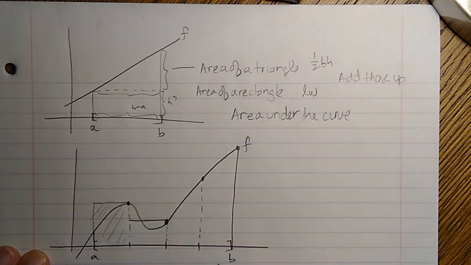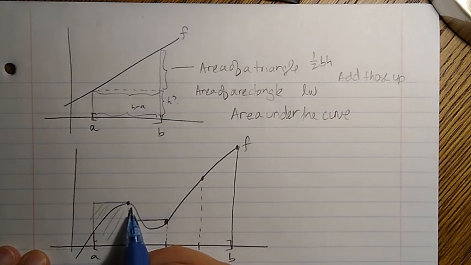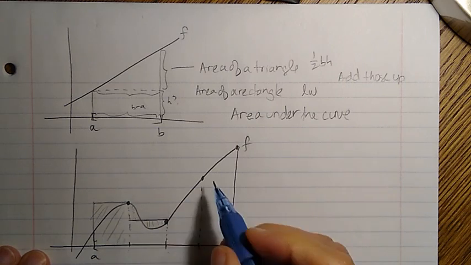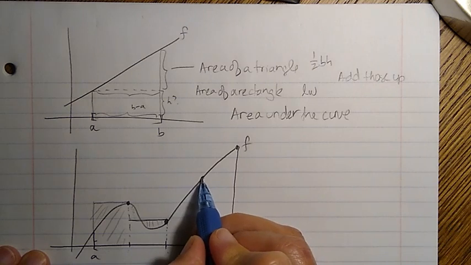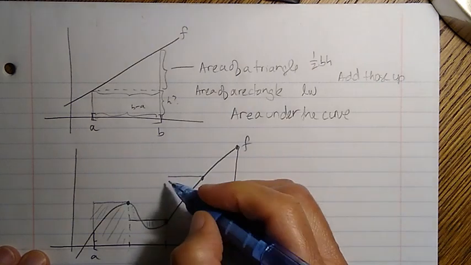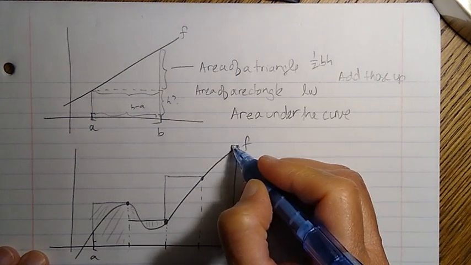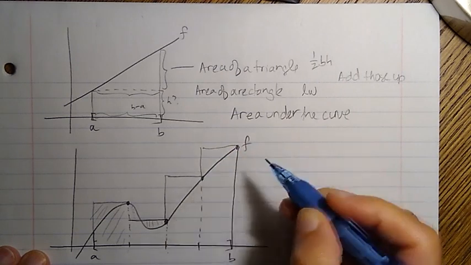define the height of my rectangle. I'm doing some over-counting. This is area not under the curve, but I'm also doing some under-counting. I'm not counting this area under the curve. Go to the next right-hand endpoint, define the height of my rectangle, and the last one, define the height of my rectangle.